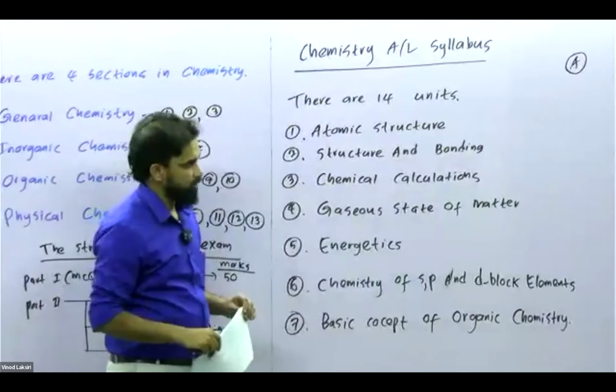Right. So now you have to write down this part. First, write down the chemistry syllabus, then write down these 14 points. Right. After that, write down the 4 sections and the structure of the exam. Right.